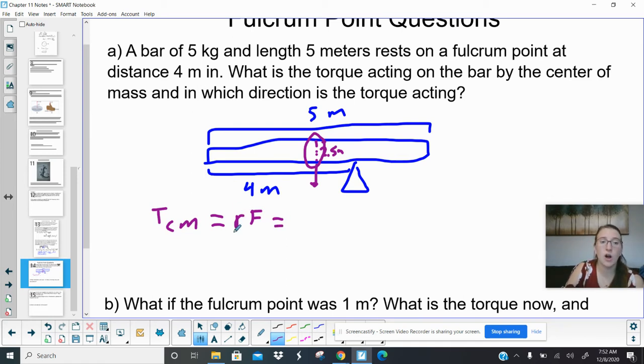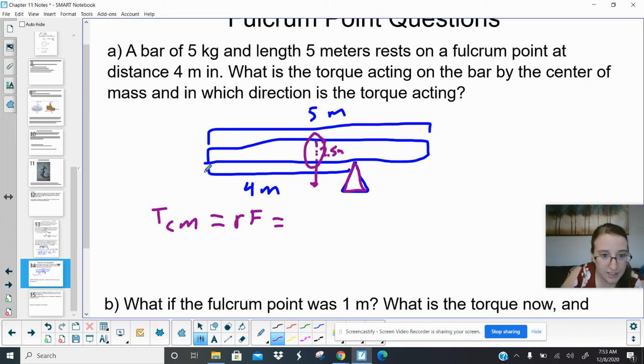Now in this case, our R is once again the distance to the center of rotation. Torque is always referring to that, the distance to the center of rotation. So think a moment. Our rotation is occurring right here on the fulcrum point. We're talking about the center of mass. What is the distance from the center of rotation, the fulcrum point, to our center of mass?